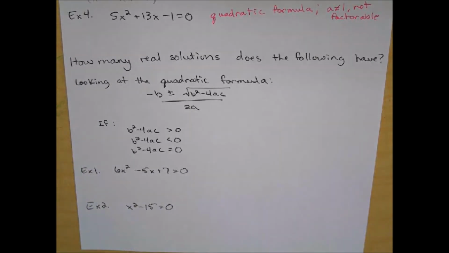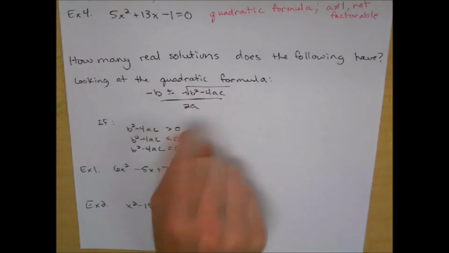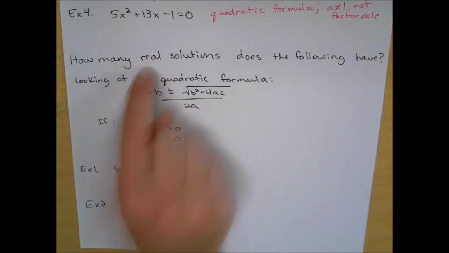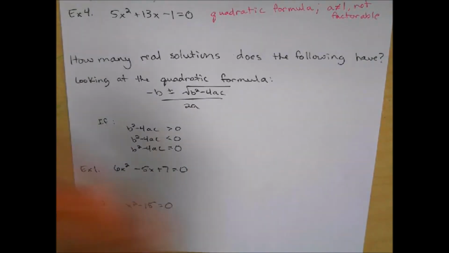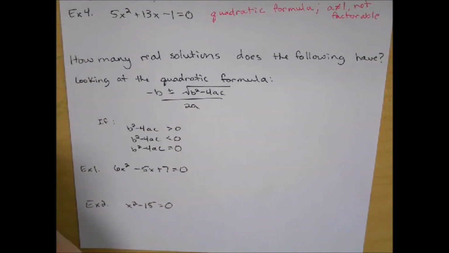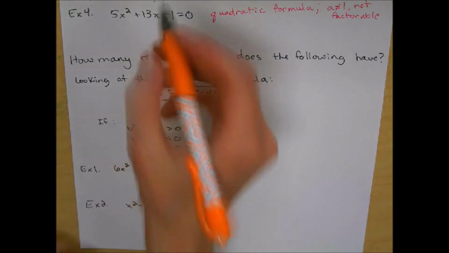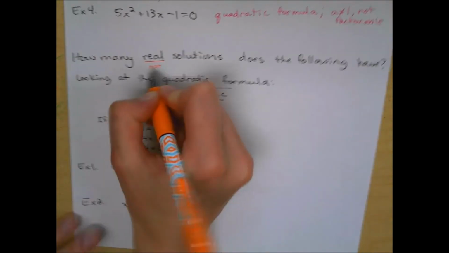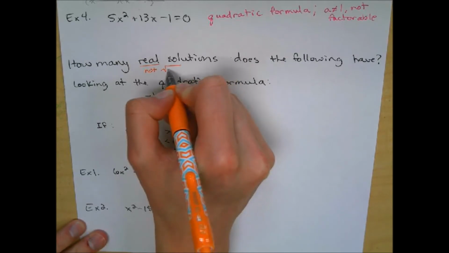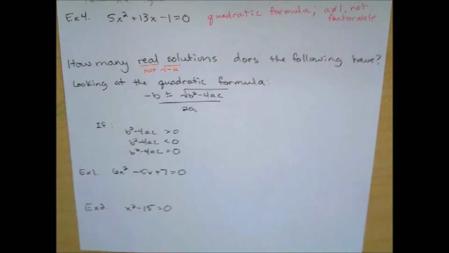A question you may be asked, moving on to a different type of question, is how many real solutions does the following have? So, looking at the quadratic formula, well, first let's talk about what is a real solution. A real solution means that we are not taking the square root of a negative.